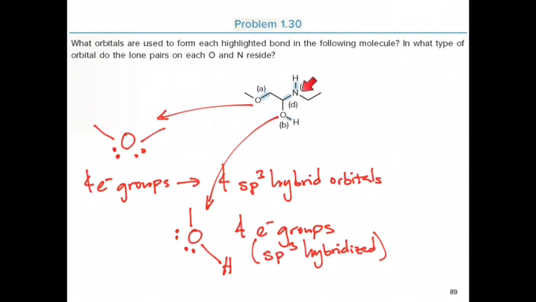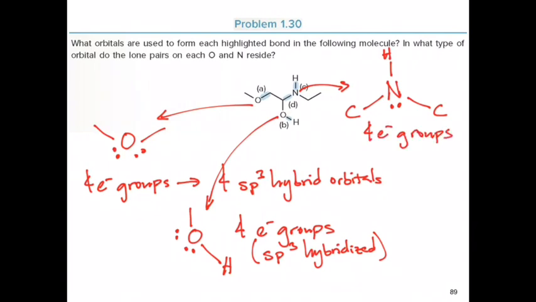Now let's look at this nitrogen right here. So this nitrogen has a bond with a hydrogen up top, and then bonded to a carbon here and another carbon here. So that means that this nitrogen has a lone pair of electrons in order to satisfy the octet rule. And so looking at the total number of electron groups, this nitrogen central atom has 1, 2, 3, 4 electron groups.